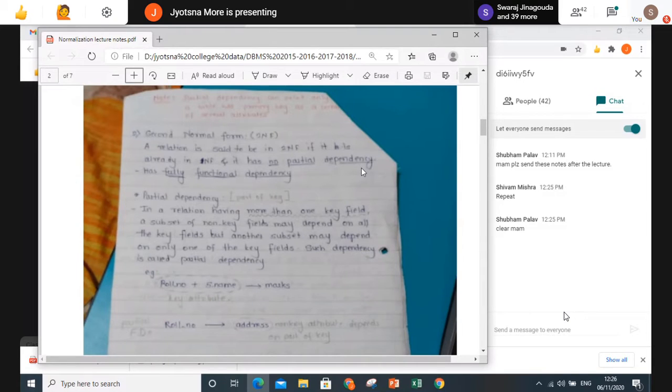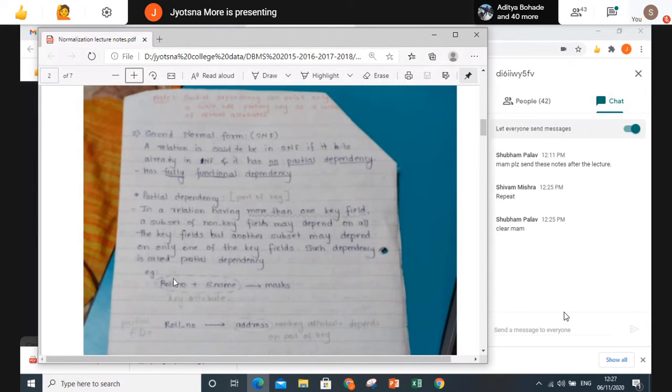To make it 2NF, we have to break that relation into two different relations. How to write this when solving the sum, I will explain properly in the next lecture. So, if partial functional dependency is present, you have to remove that partial functional dependency and then you can say these are in 2NF, or second normal form.